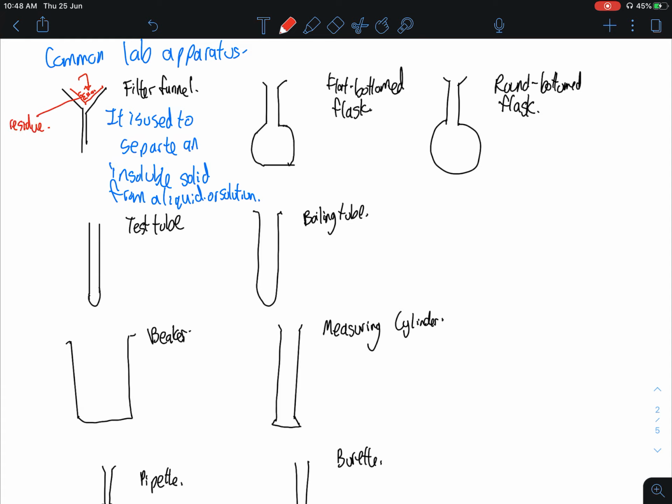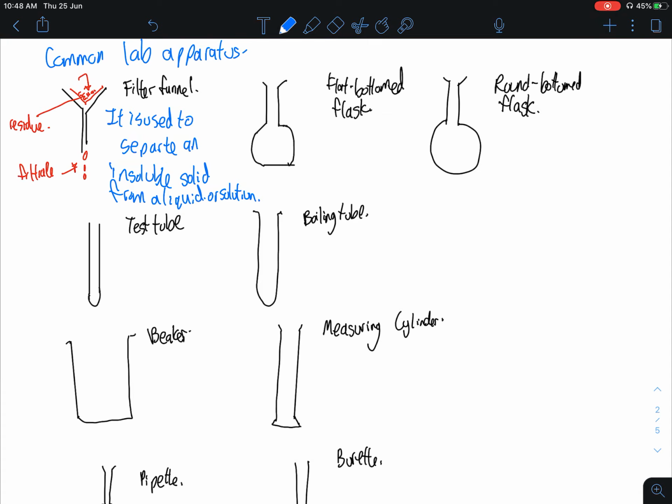That means what is remaining, and whatever drips out after that is known as the filtrate. So the filter funnel helps us to separate an insoluble solid from a liquid.